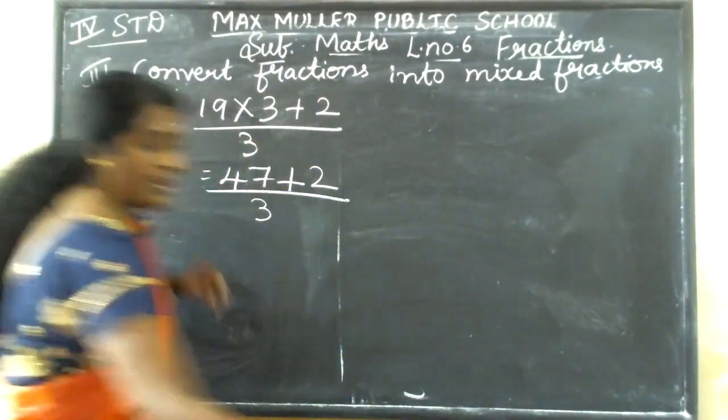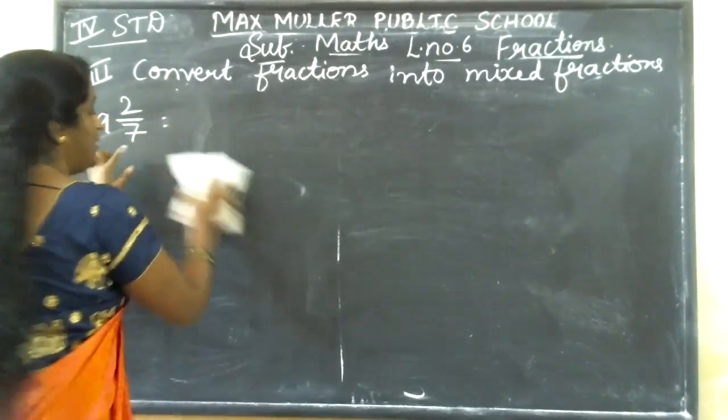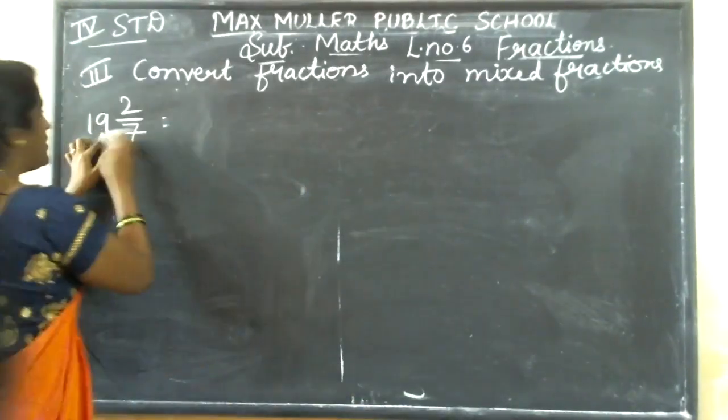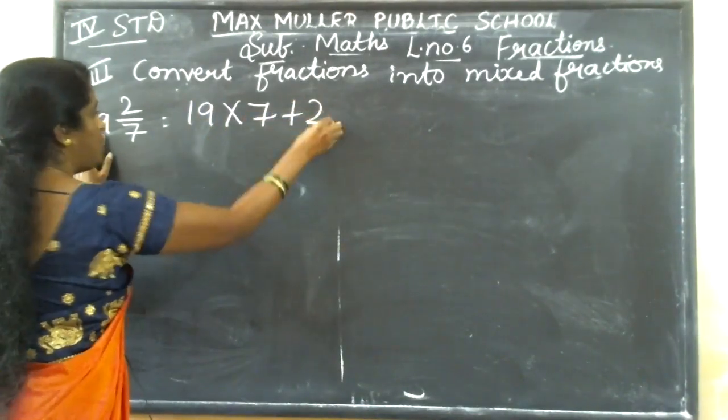Oh, sorry children, 19 into 7. See, 19 into 7 plus 2.